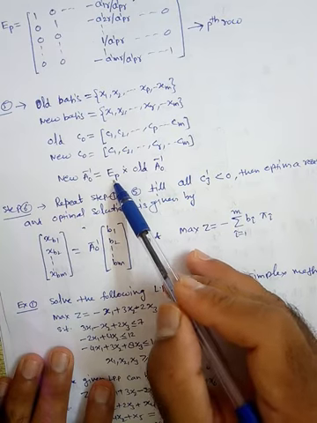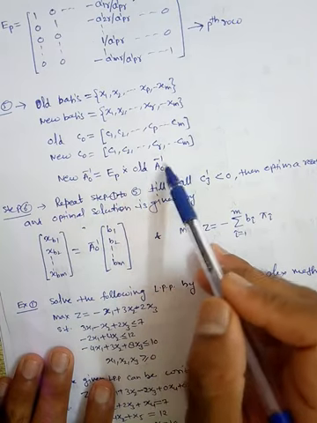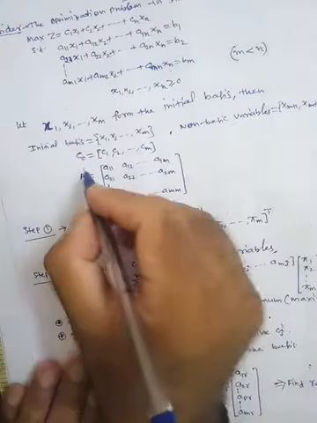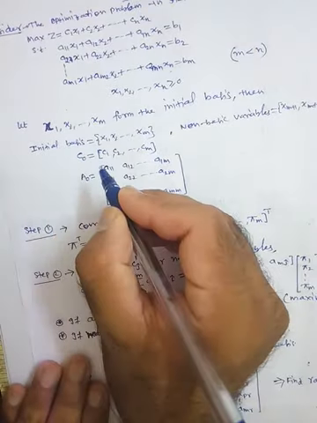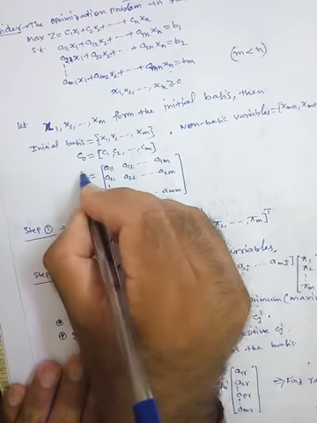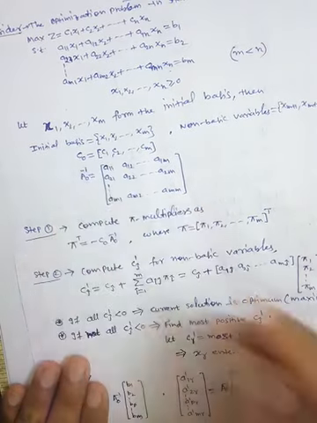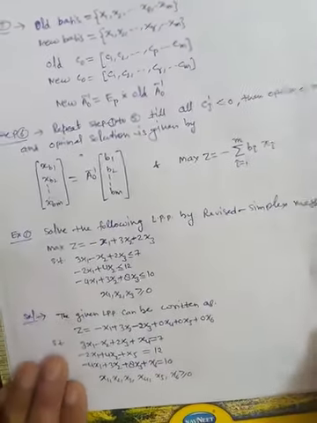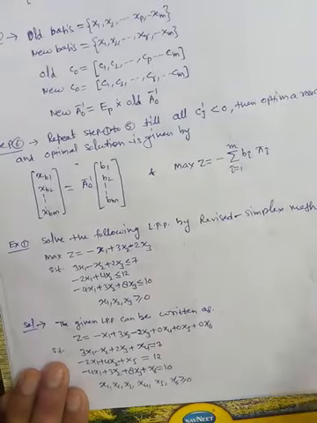The new A naught inverse is nothing but Ep times the old A naught inverse. So this is the strategy.